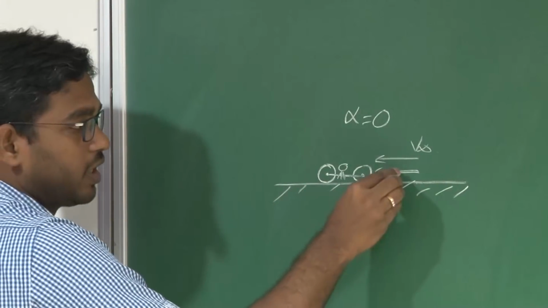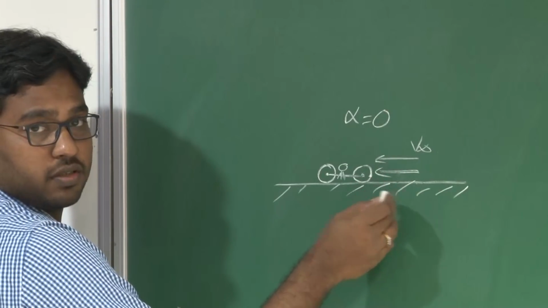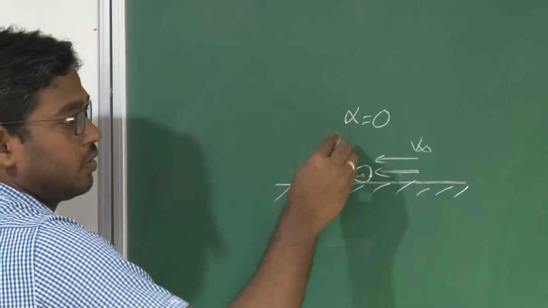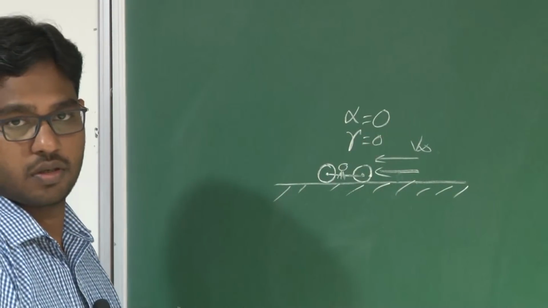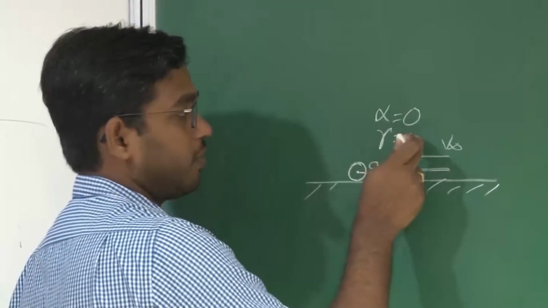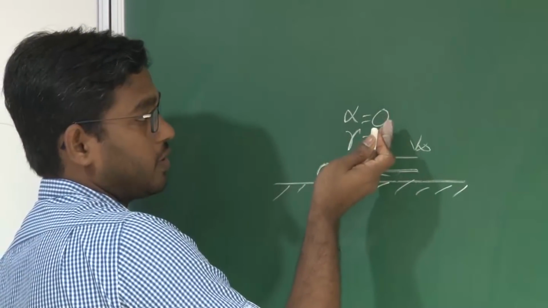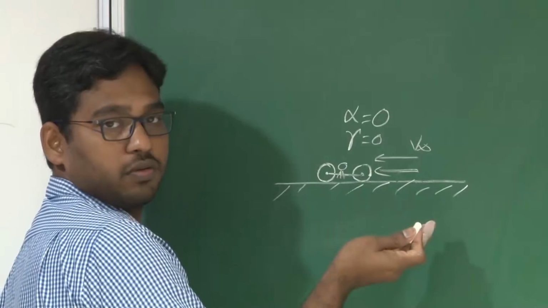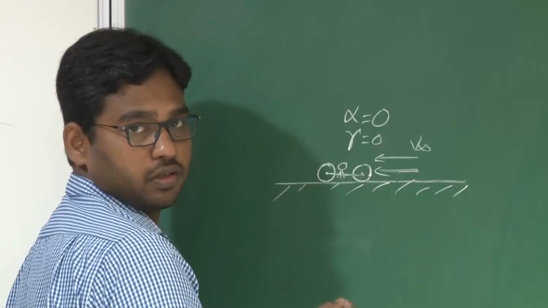So the angle made by this v infinity with respect to this plane road is 0. Gamma is 0 here, since it's a horizontal road. I don't have any flight path angle, and since my path is parallel to the ground, I don't see any angle of attack in this case.